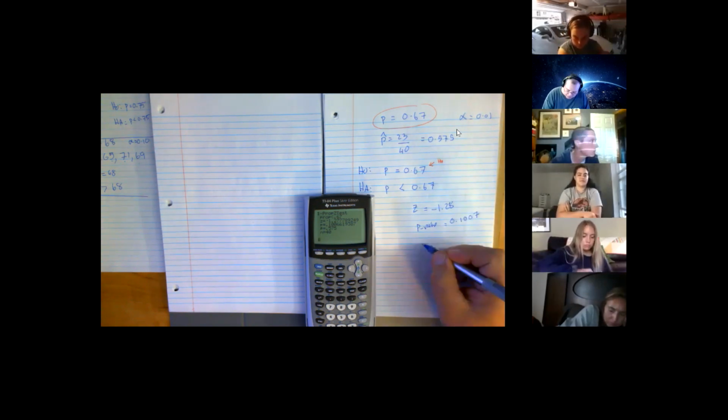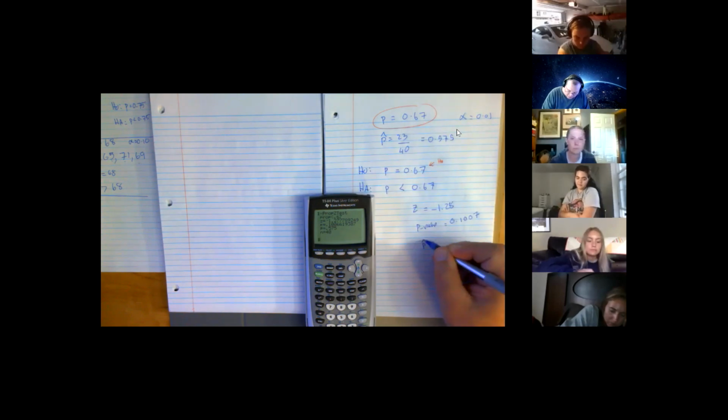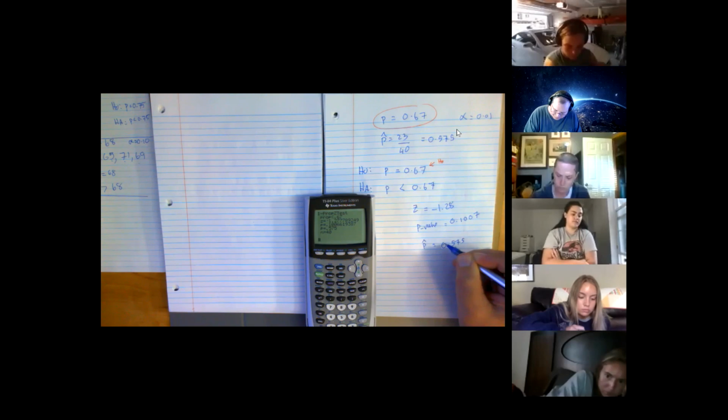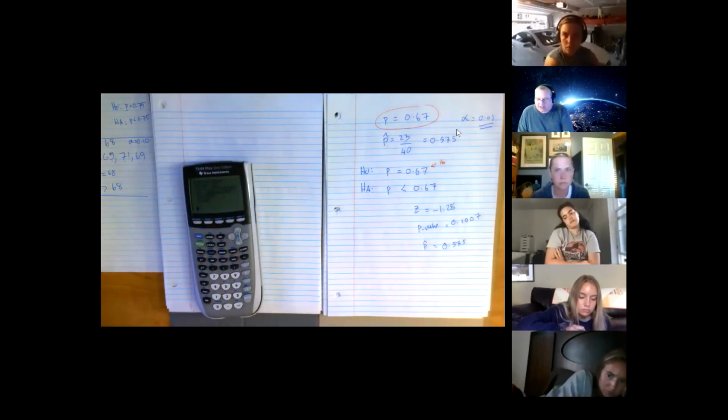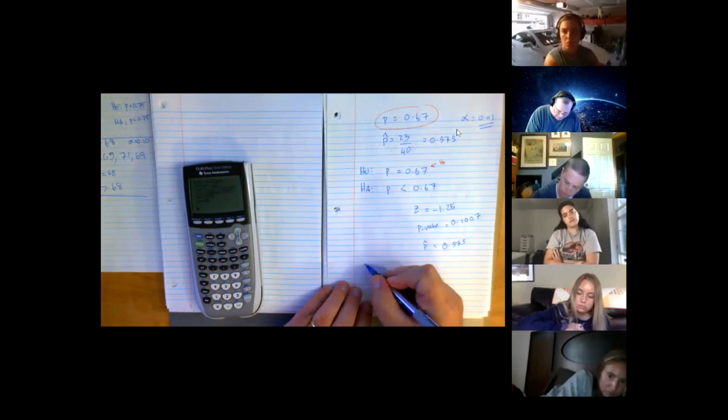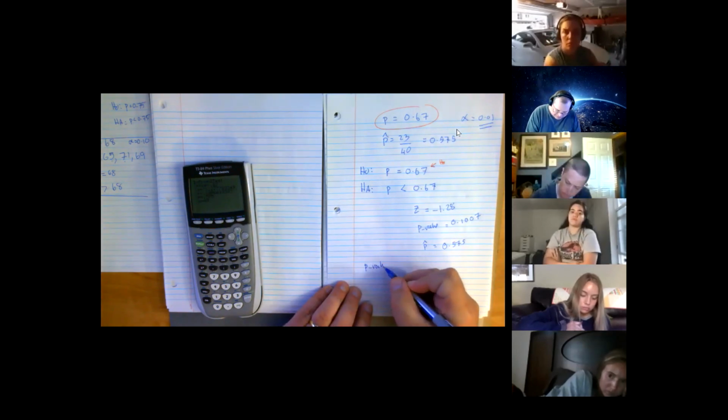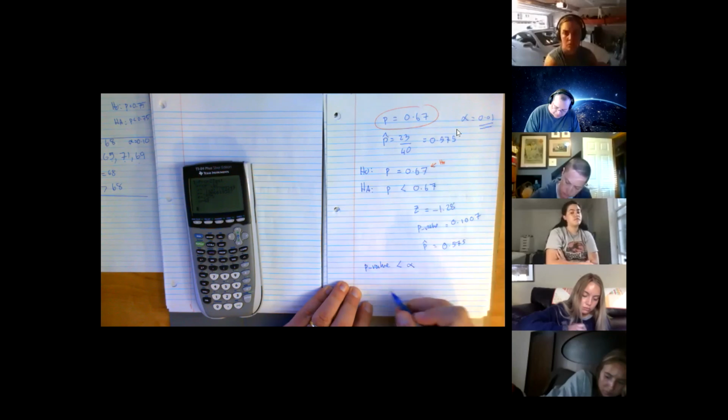That's not good. P-hat, we already know it, but I'm putting it in now. Now, a 1% significance level, is the p-value less than alpha?